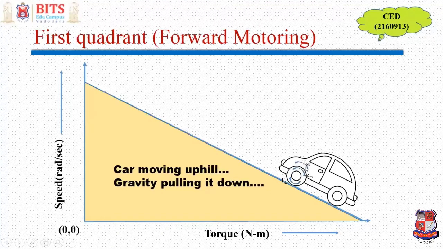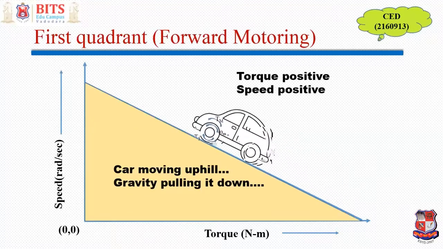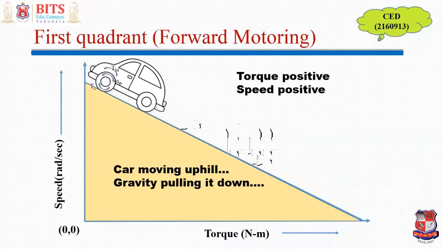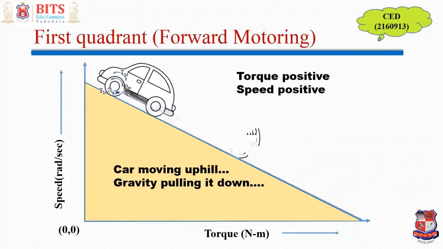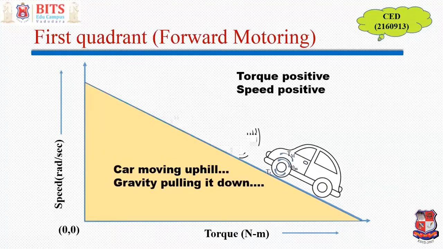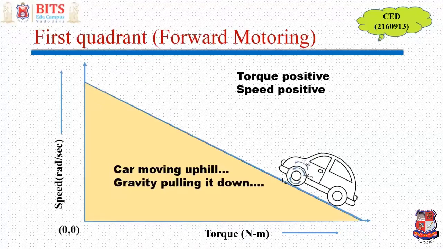The motor is producing sufficient torque, so the car is able to move up, and so the motor torque is in the anti-clockwise direction, and so is the rotation of the wheel or motor. So this is the example of first quadrant operation. When the car is moving upward in this fashion with the assumed positive direction, this is called first quadrant operation. Torque is positive, speed is also positive.